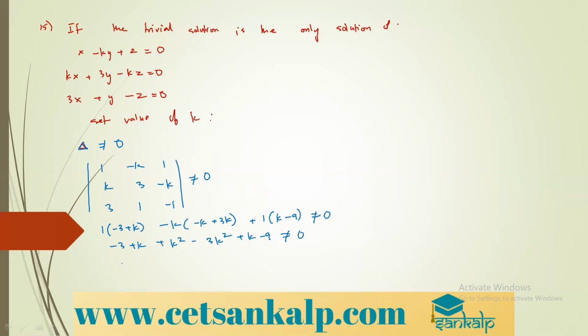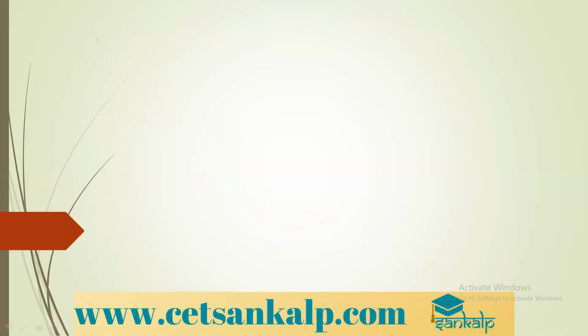Minus 2k square I will write as plus 2k square, plus 2k I will write minus 2k, and minus 12 I will write plus 12, not equal to 0. Or k square minus k plus 6 is not equal to 0.